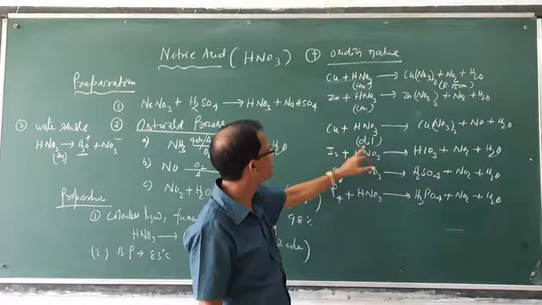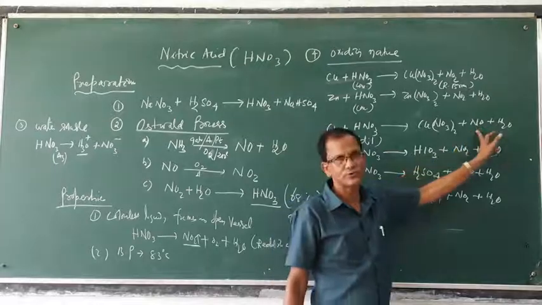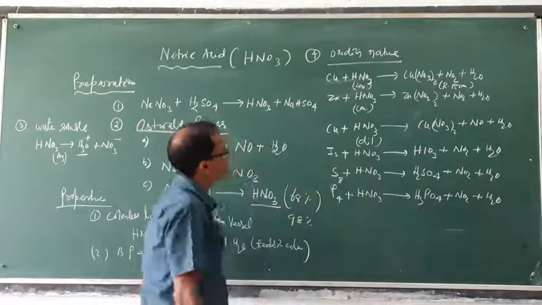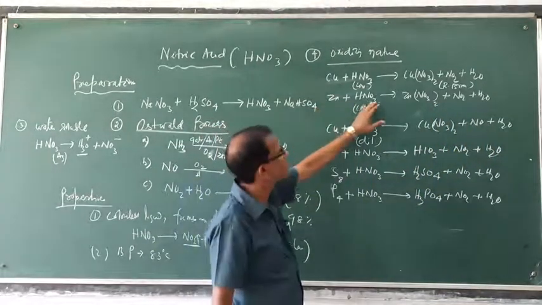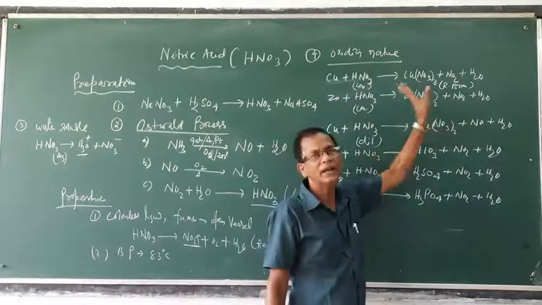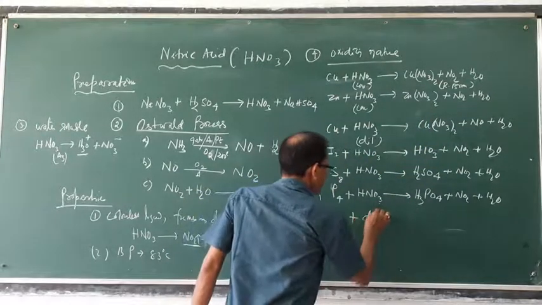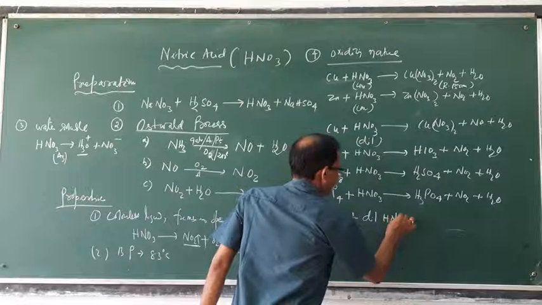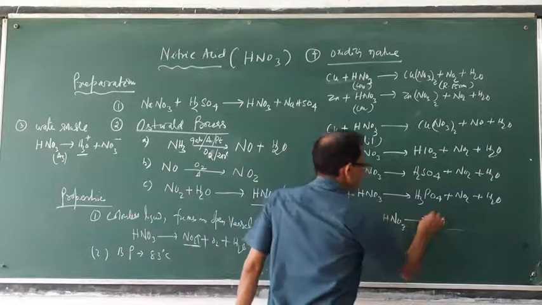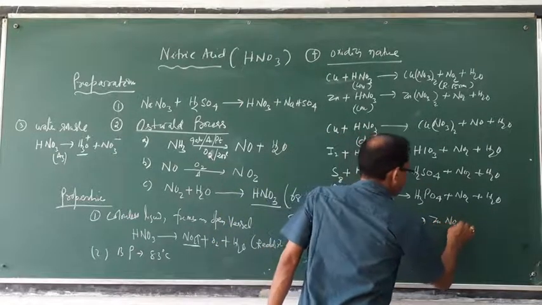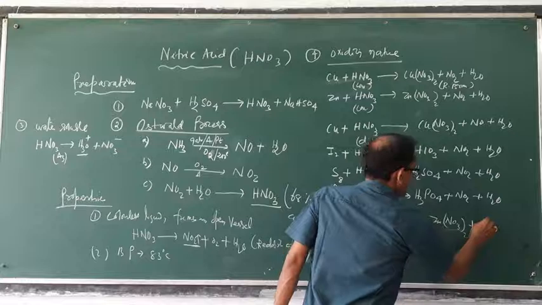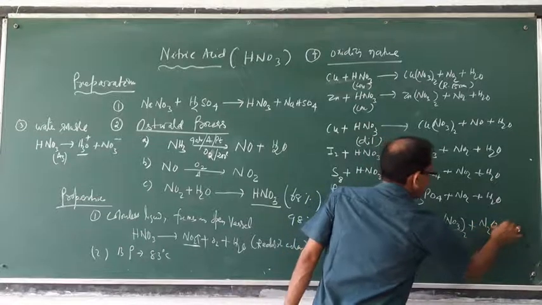If it is dilute, it produces NO gas. So there is a difference. Similarly, if you use zinc and very dilute nitric acid, zinc plus dilute HNO3, the products are zinc nitrate plus N2 plus water.